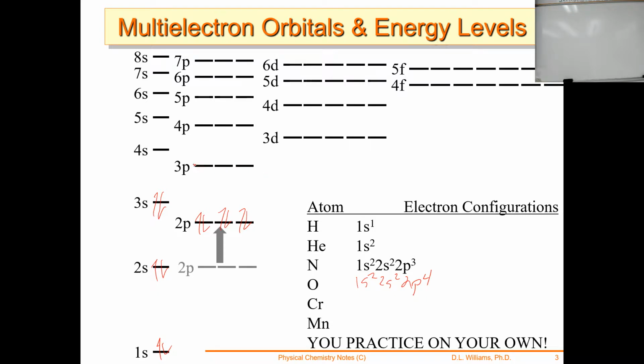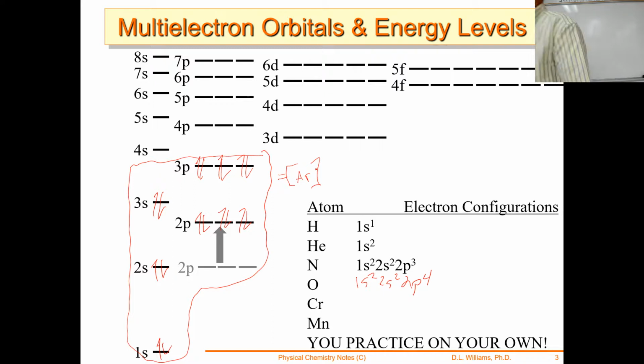Then we do the second row of the p block. Actually, you should fill them like this, where you put them all in unpaired, and then you start to pair them up. Okay, so that gets us over to argon. So this piece right here, I'm going to surround this whole block, and that's equal to what we call the argon core.